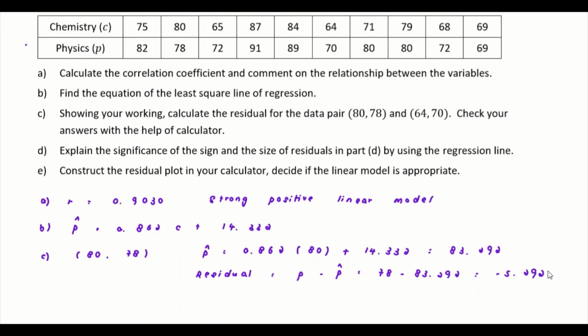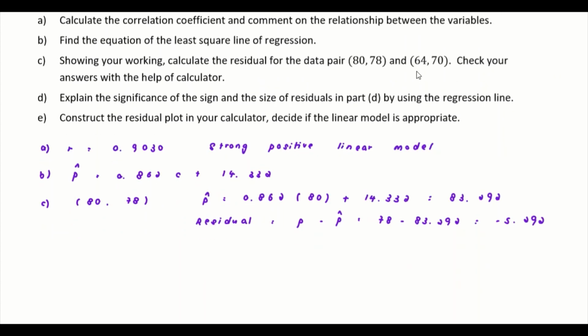Then after that, move on to the next pair, which is 64 and 70. For 64 and 70, similarly, we need to find out the predicted value for 64 first. So 0.862, substitute 64. By using the calculator, we will be able to get the answer of 69.5.